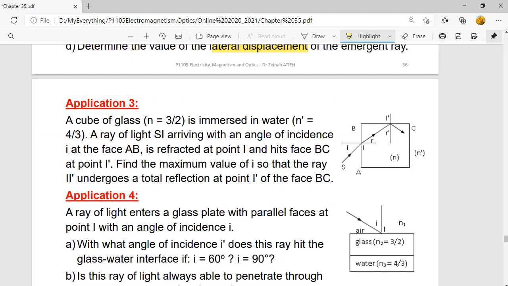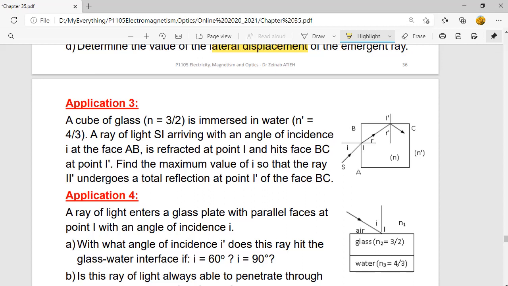Now on face AB we are going from rare to dense, from water to glass. So there is no problem; there will be no total internal reflection. When the light reaches surface BC, it is trying to refract from glass to water.